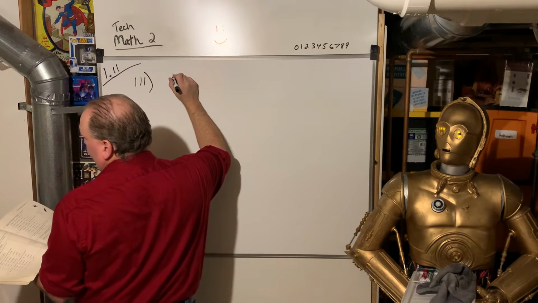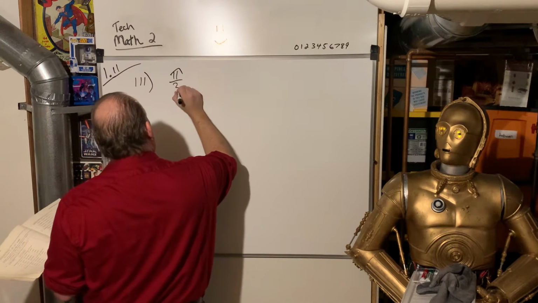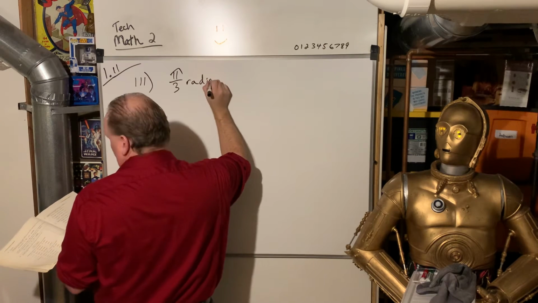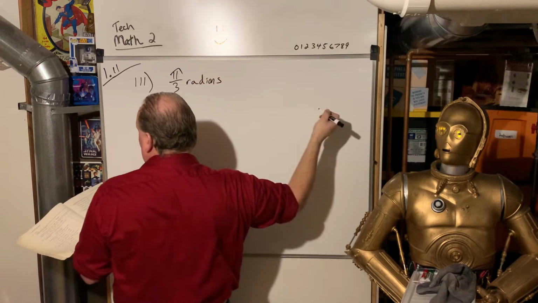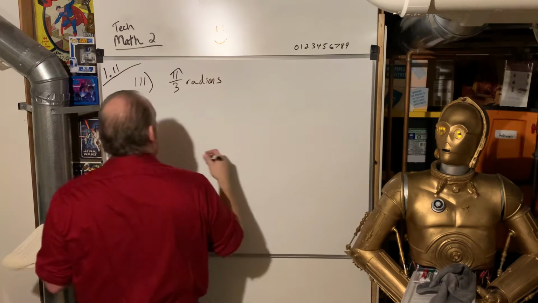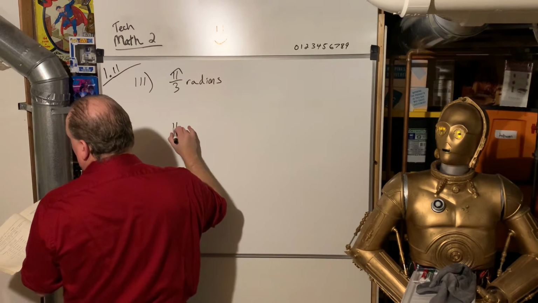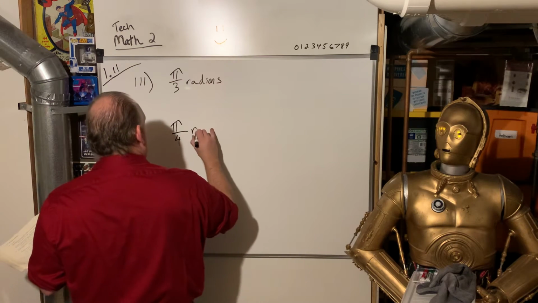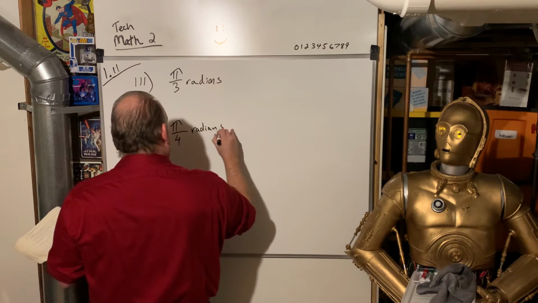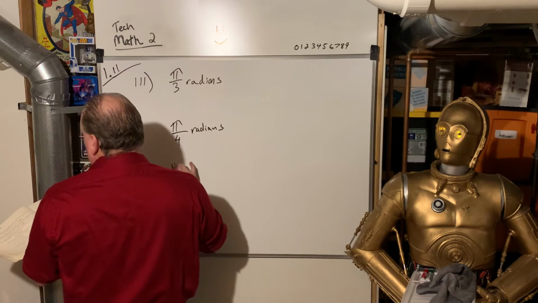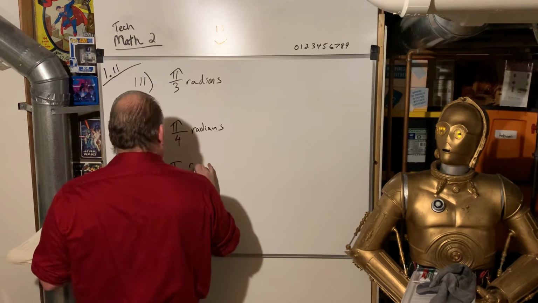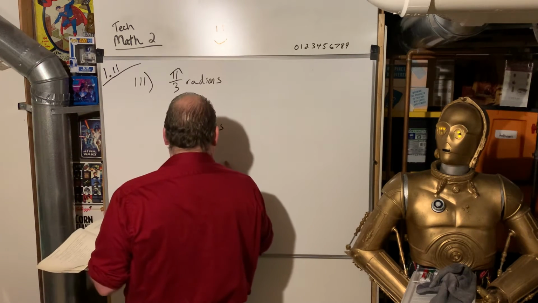They've got pi over 3 radians is how many degrees? And they have pi over 4 radians is how many degrees? And they have pi over 6 radians is how many degrees?